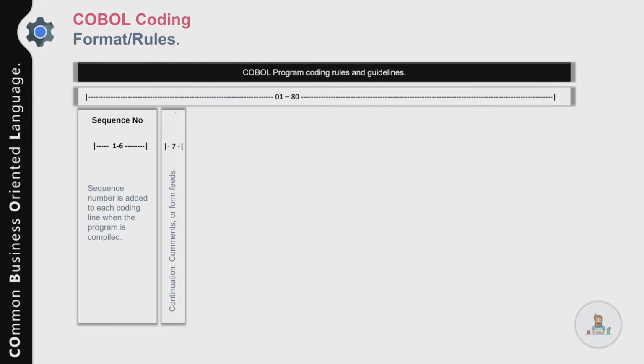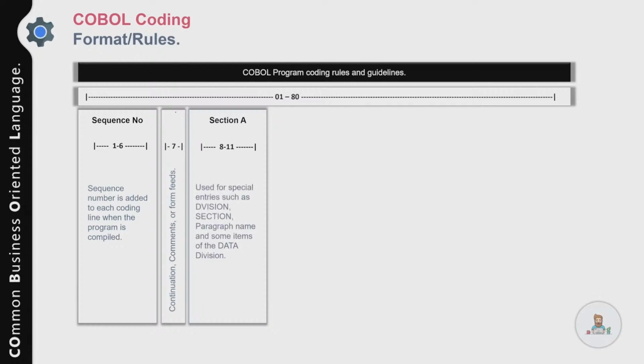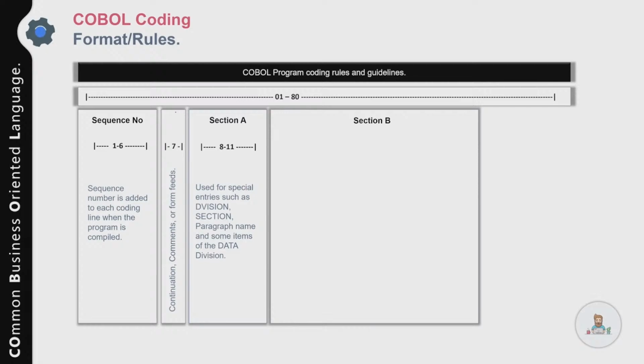Position number 7, or column number 7, is generally used for comments, continuation, or form feeds. Positions 8 to 11 are termed as section A, and it is generally used for special entries such as division, sections, paragraph names, and some items of the data division.